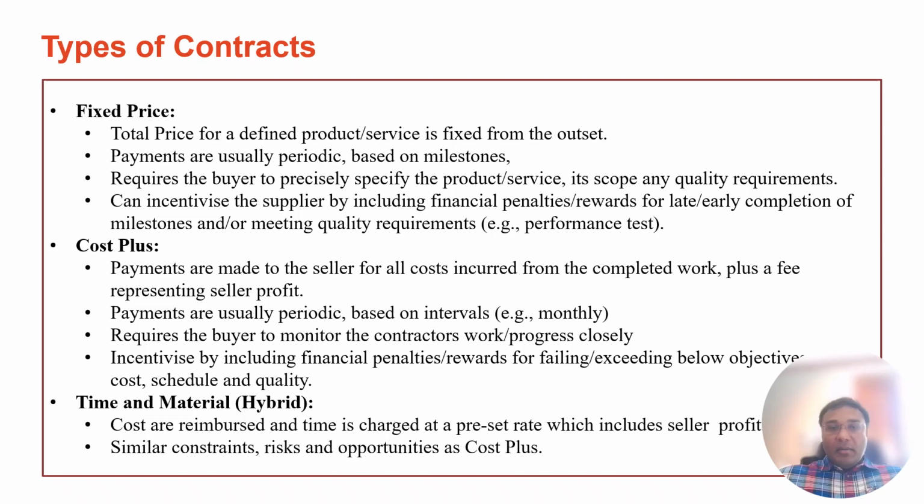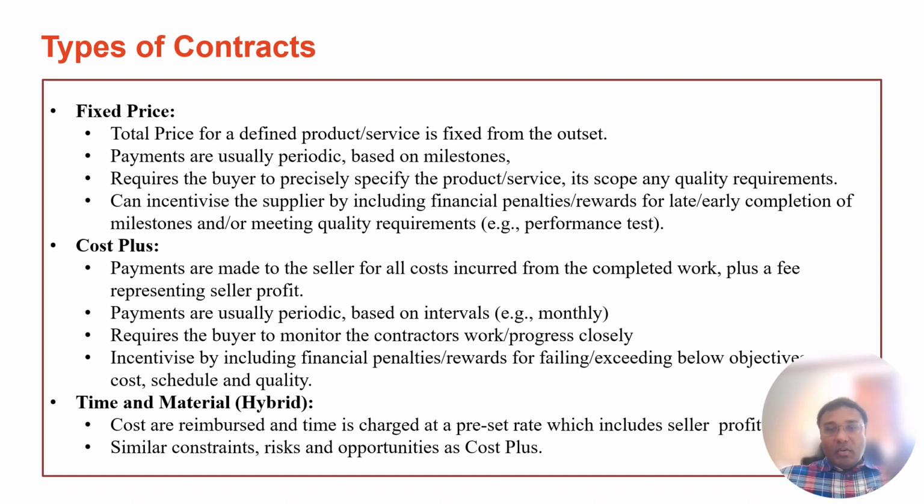And time and material is pretty much a hybrid version. You pay for the time at an agreed rate that the contractor has been used for the project, plus materials used. Each type of contract shifts risk differently between buyer and seller. For example, a fixed price contract shifts cost risk to the supplier, while cost plus shifts more risk to the buyer.